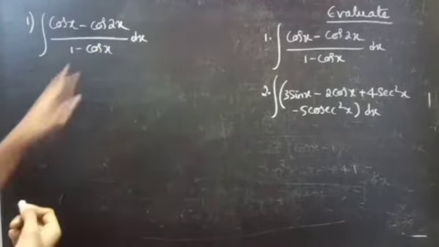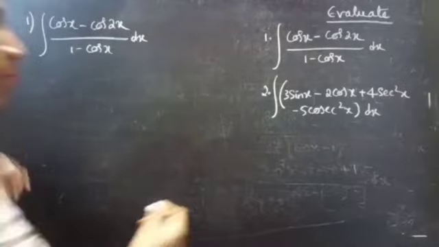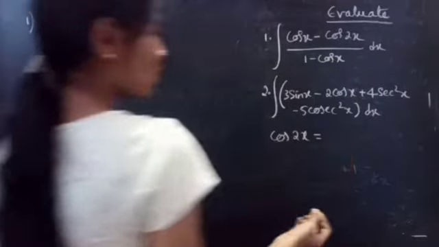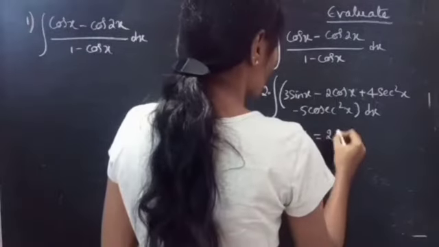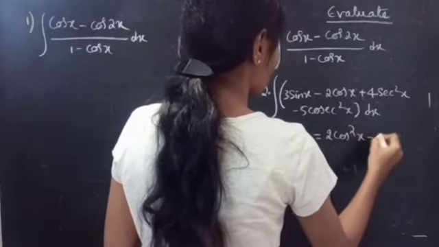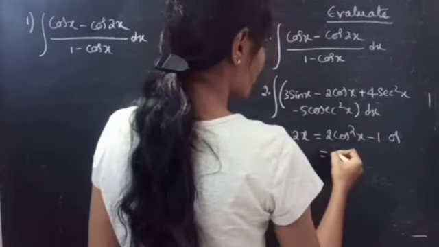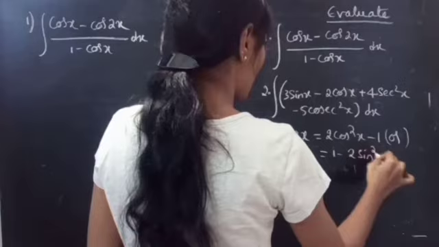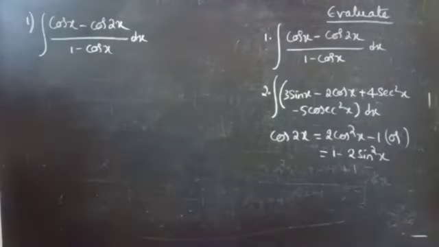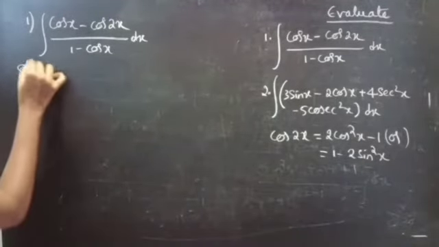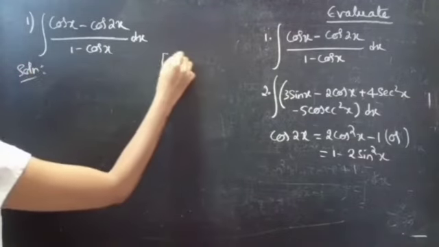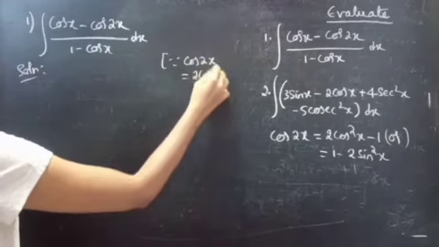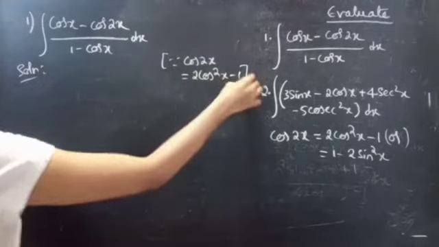Okay, so here we are having cos 2x. We know that cos 2x is equal to 2 cos square x minus 1, or equal to 1 minus 2 sin square x. Okay, so let us consider cos 2x equals 2 cos square x minus 1.